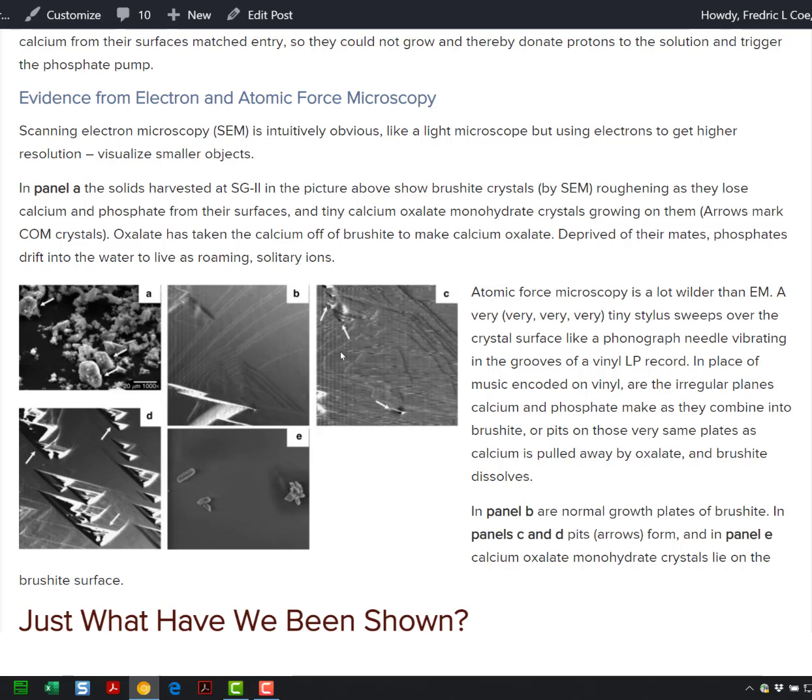In panel C, there's holes appearing in these plates. They're being broken up. Here in panel D, you can actually see a growth plate with a hole in it. There's a pit. Here's another one. Here's another one. They're being dissolved. In panel E, there's no more growth anything. It's just calcium oxalate sitting there.